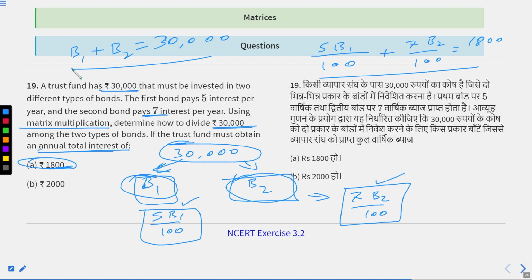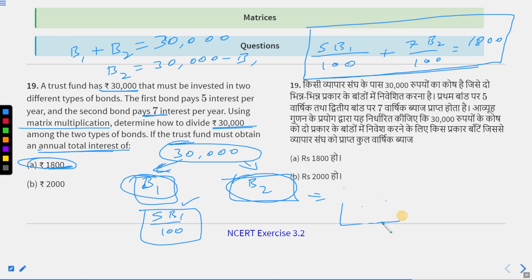So how am I going to use it? Quite simple. Reduce this: B2 is equal to 30,000 minus B1. Now this can be rewritten like this, 5 by 100 and 7 by 100.